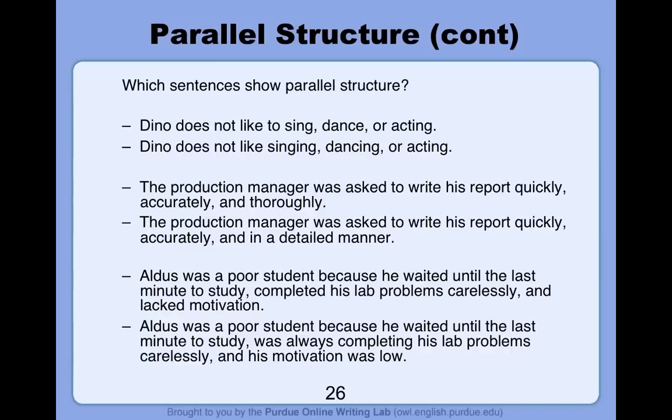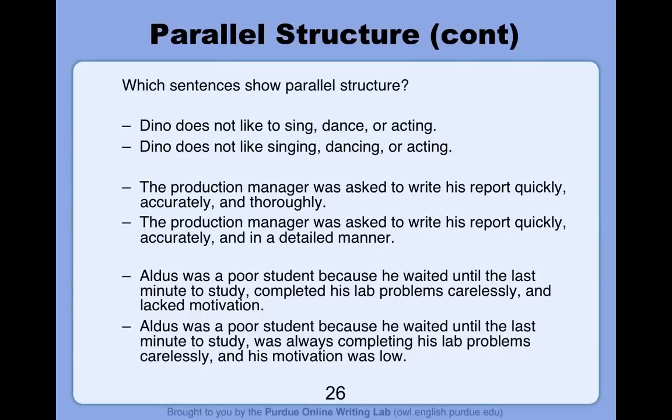If you pick the second one, Dino does not like singing, dancing, or acting as parallel, you're correct. All of those verbs, singing, dancing, acting, they're all -ing forms of verbs. They are all gerunds. The first sentence starts off with infinitives, to sing, dance, and then we're thrown by the third verb, which is a gerund.